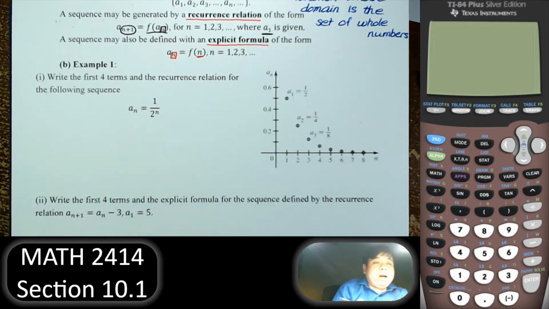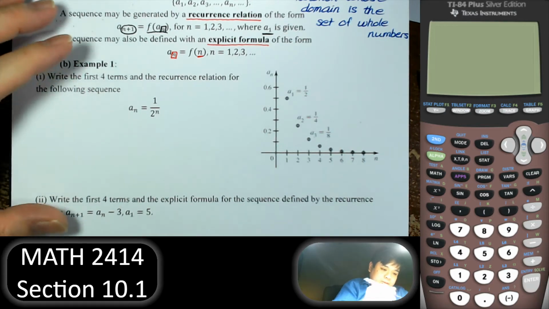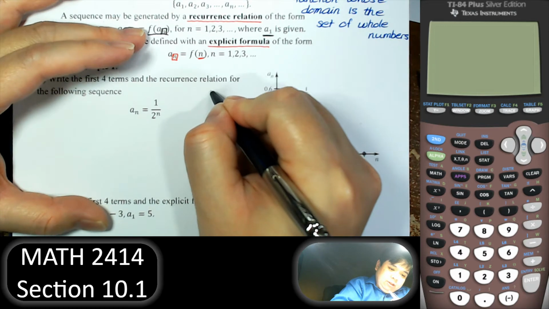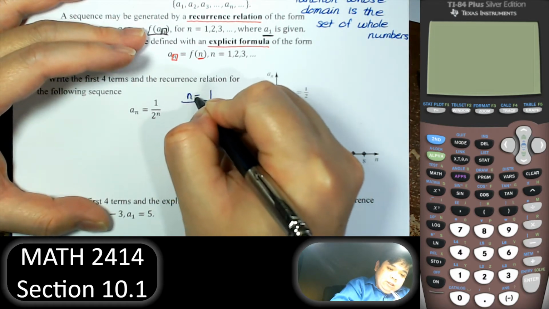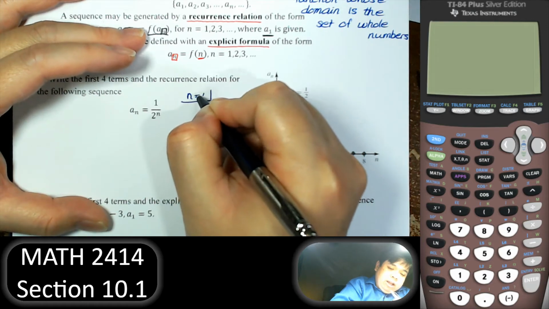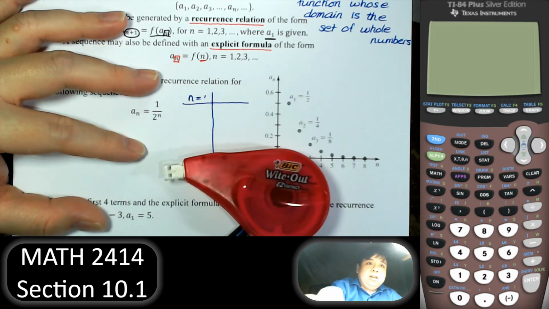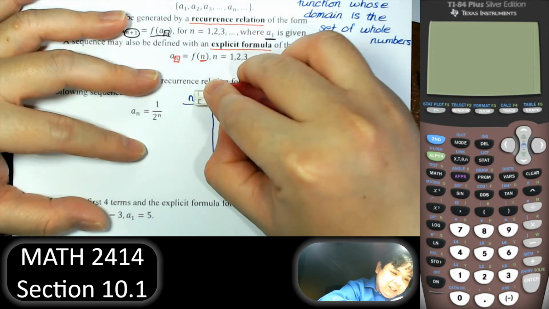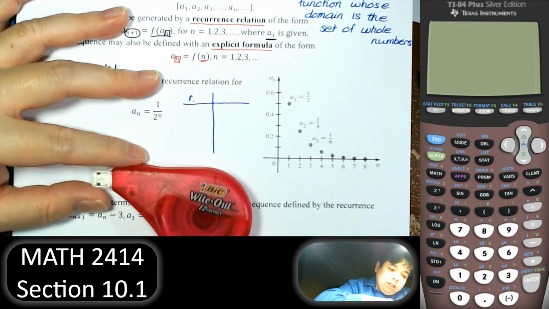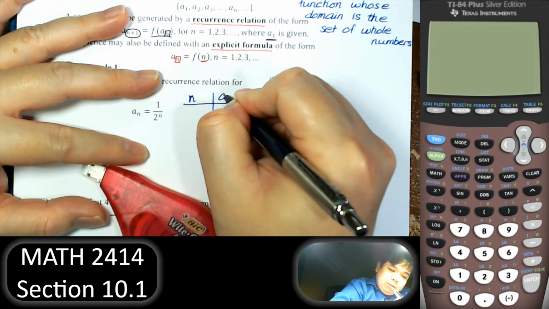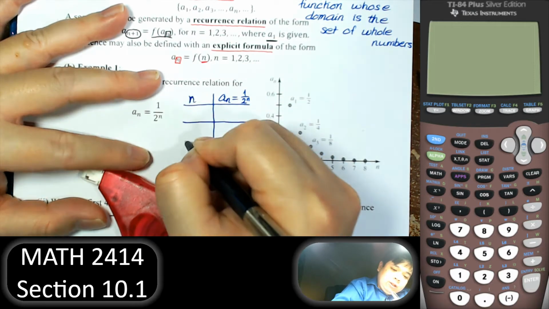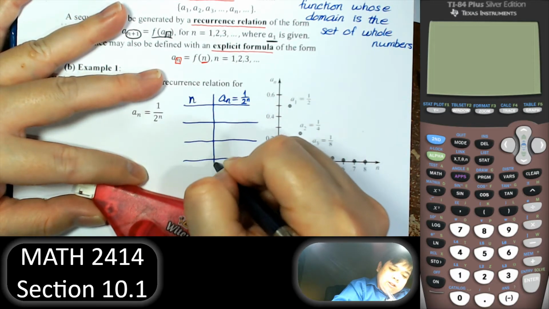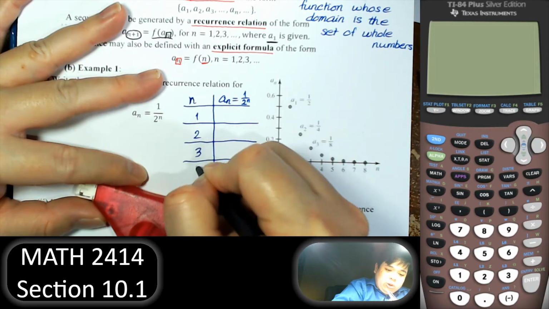So just make a table, pretty much. We have n, and here a sub n, 1 over 2 to the n power. 1, 2, 3, and 4.